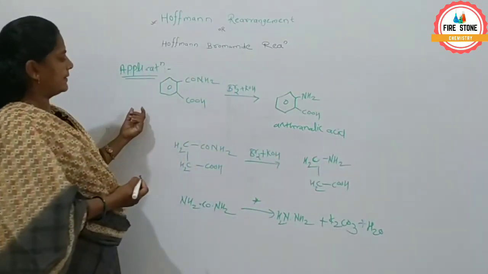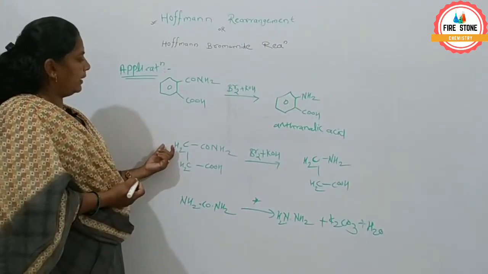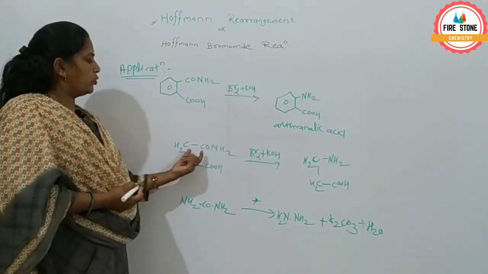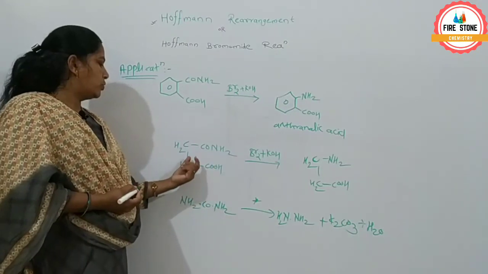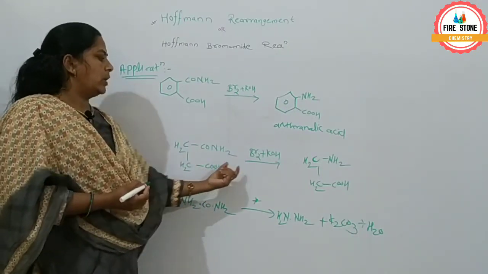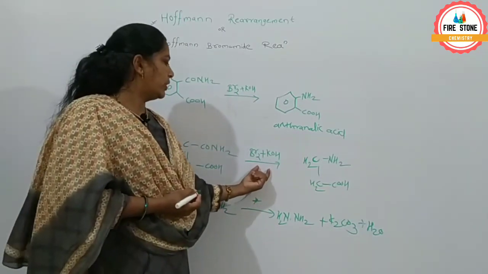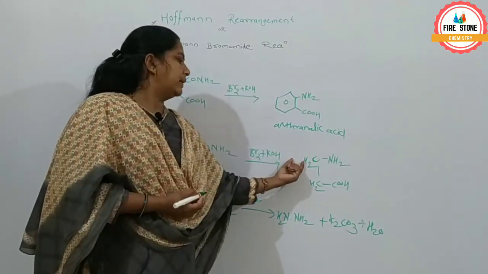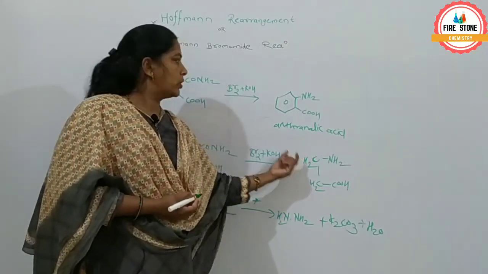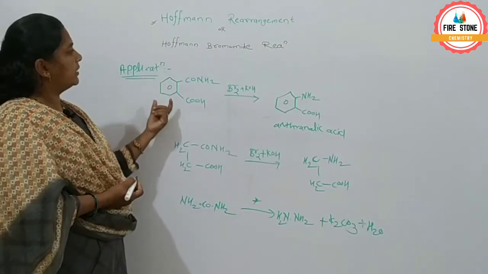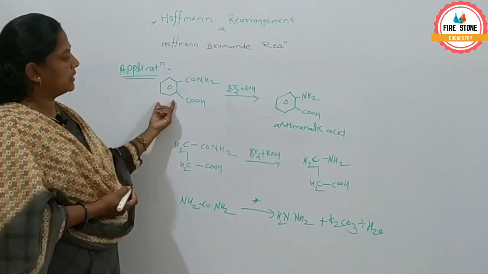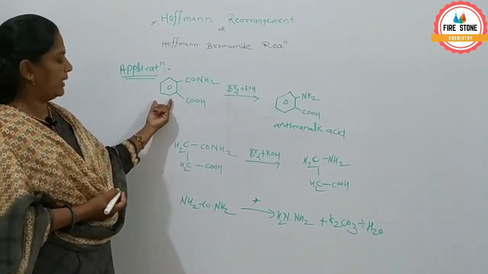Again, CH2CONH2 gives CH2COOH in presence of Br2 KOH, and we get this product. So this reaction is used for the synthesis of amino acids.